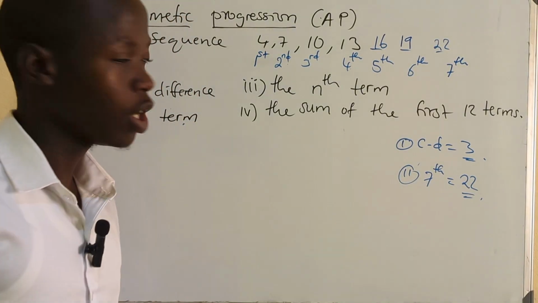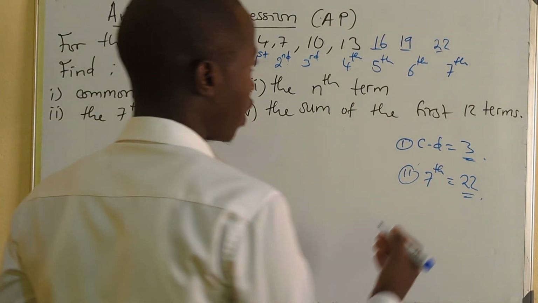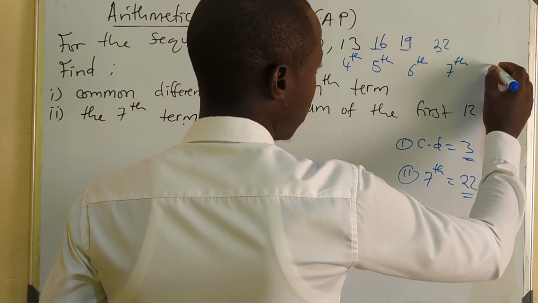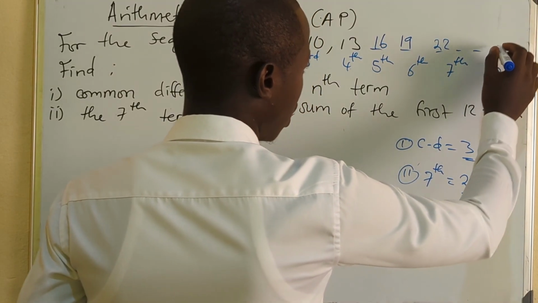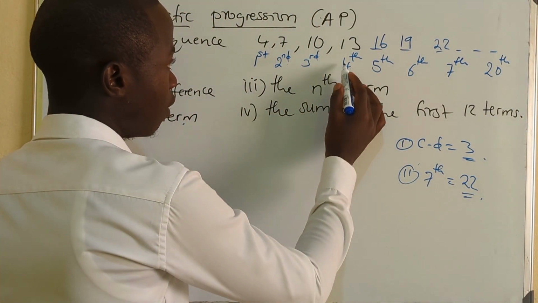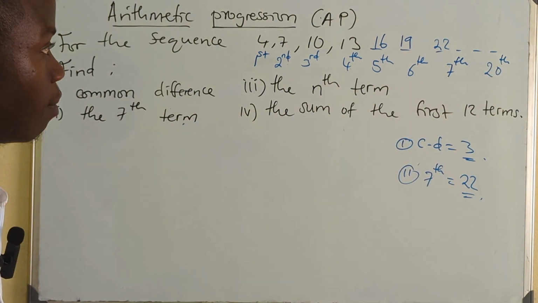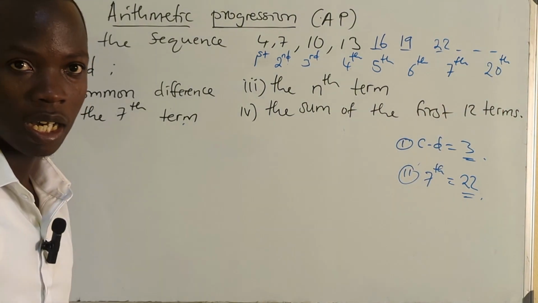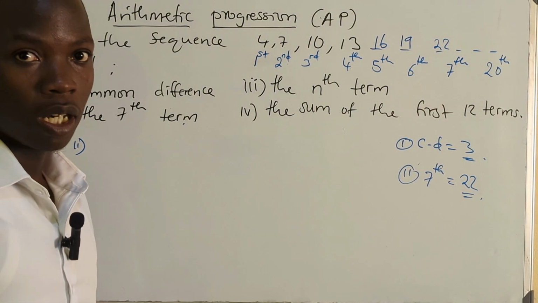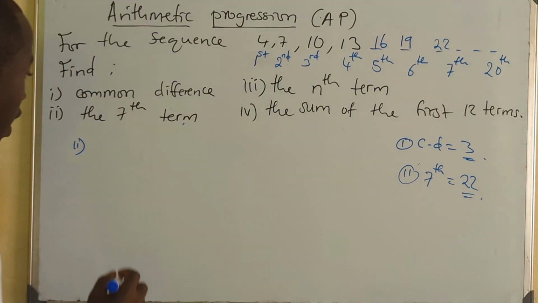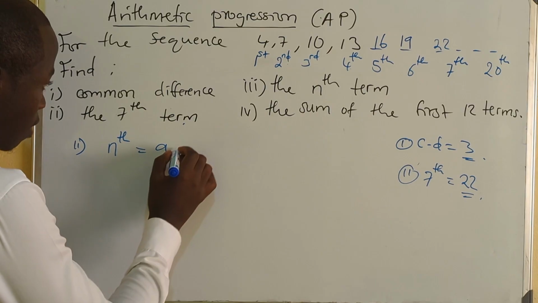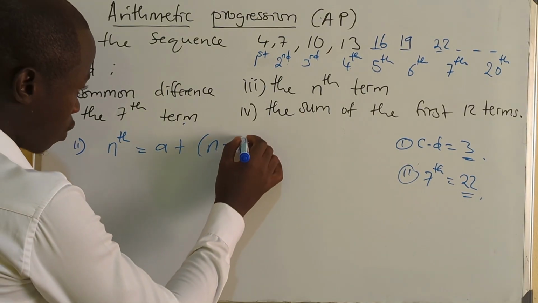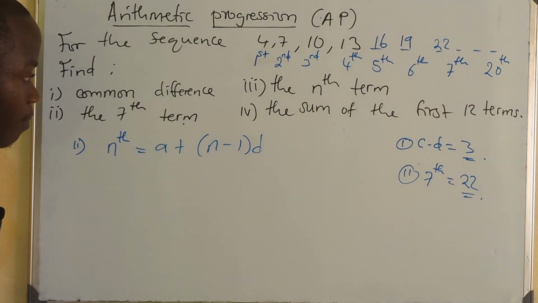Now in a case where you have been given to find the 20th term, to add from the 4th term up to the 20th term can be a long process. There is a formula to apply where nth term is equal to the first term plus n minus 1 multiplied by d.